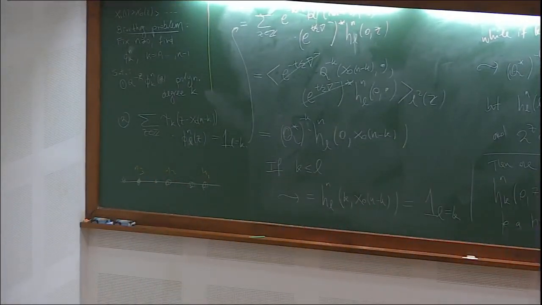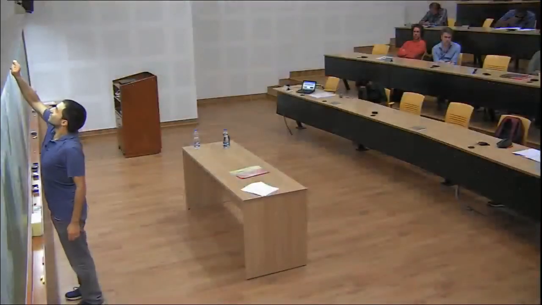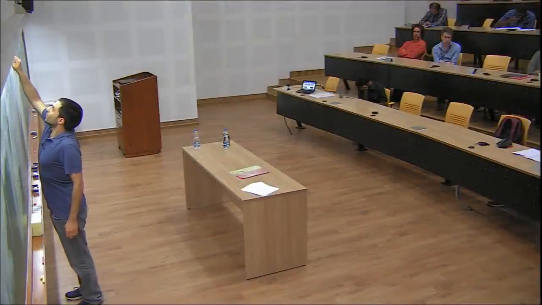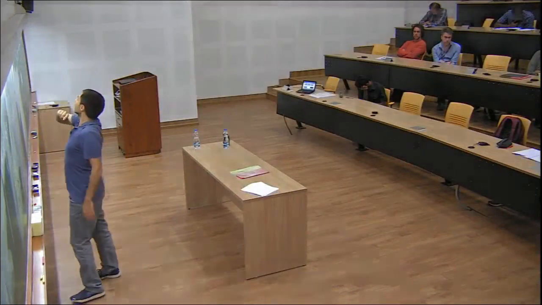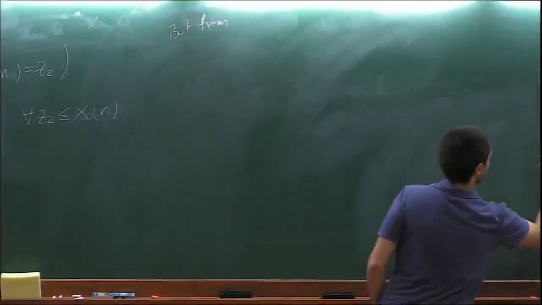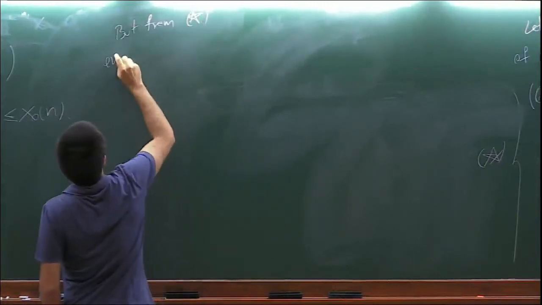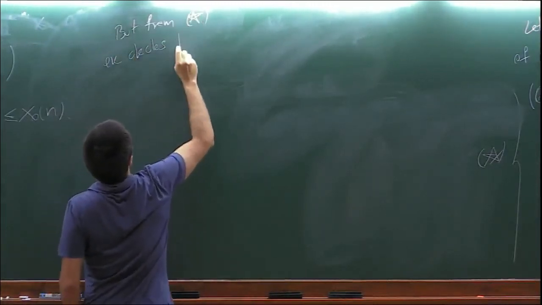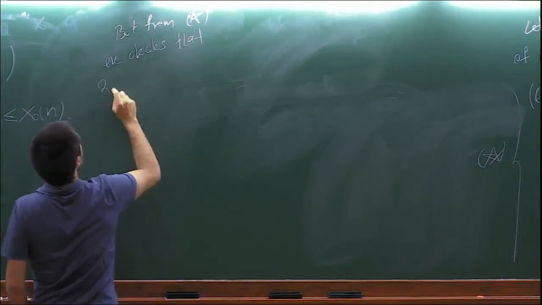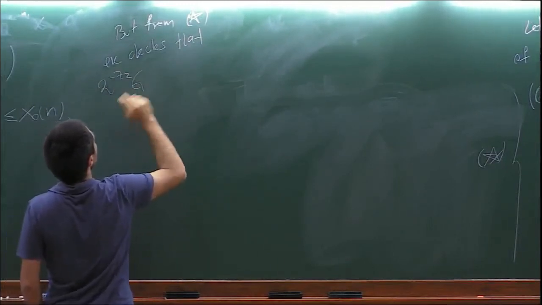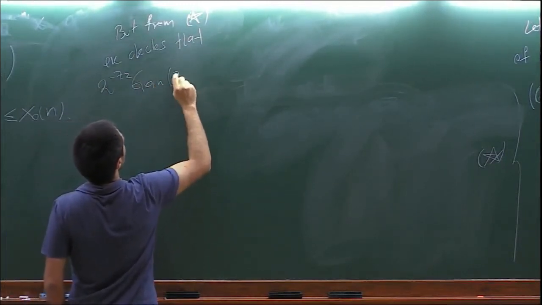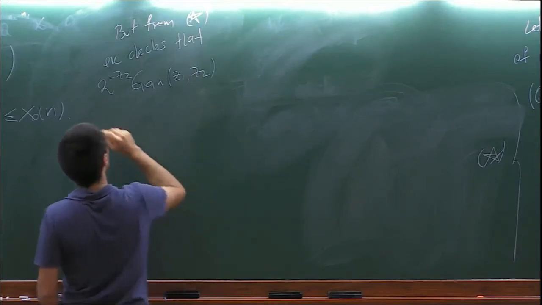So from the bi-orthogonalization problem, from the start, one checks that 2 to the minus z2, g0, n, z1, z2 has to be a polynomial.